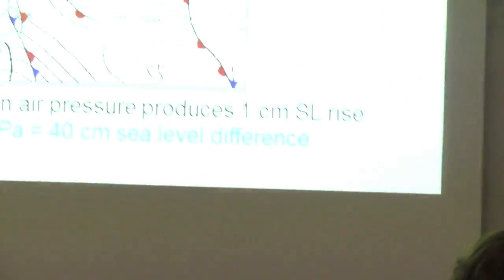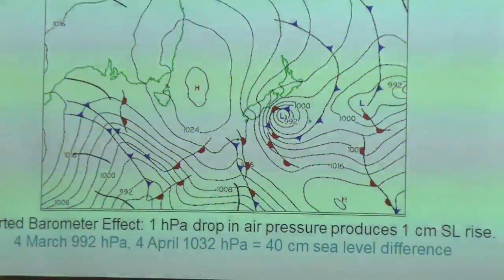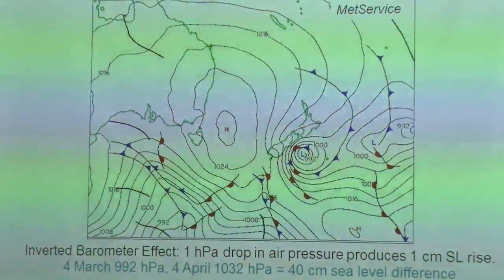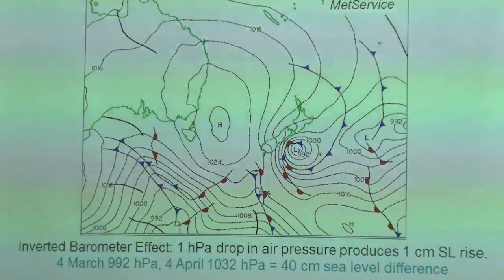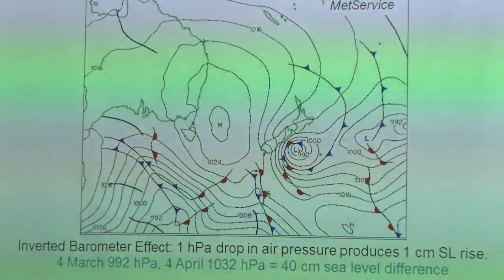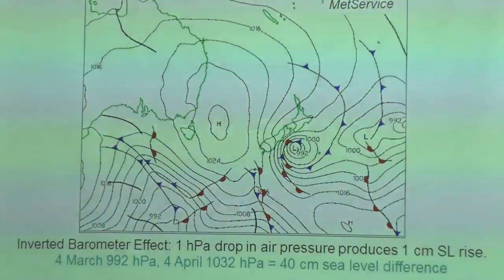So these are the kind of maps that we see every night when you watch the weather. And this is the map from our March flooding event. You can see a low pressure system off here, 992 hectopascals, and a nice high pressure coming from Australia, 1024. Every hectopascal of change there leads to approximately 1 centimetre change in the sea surface.